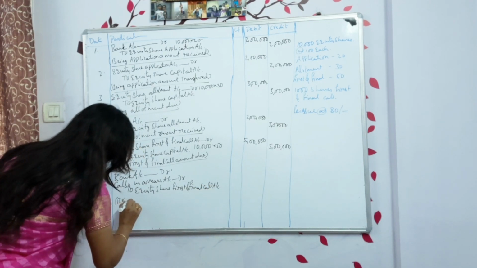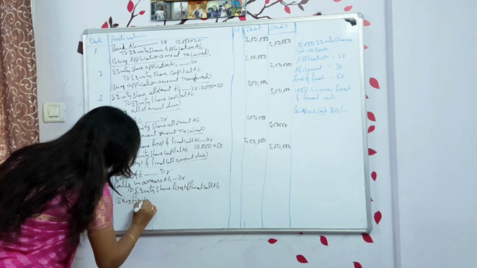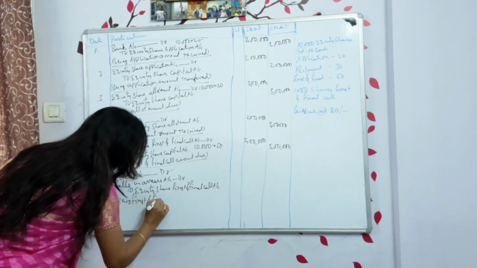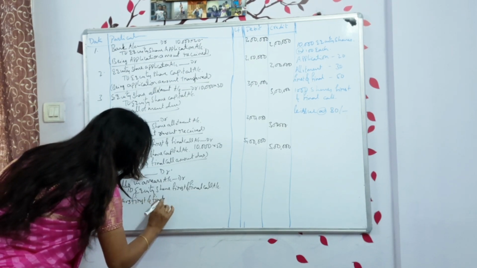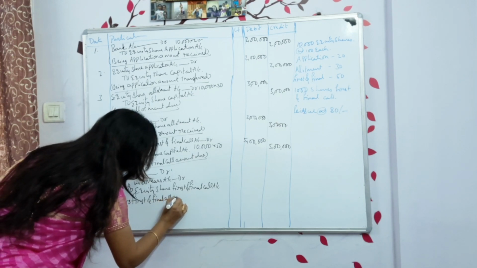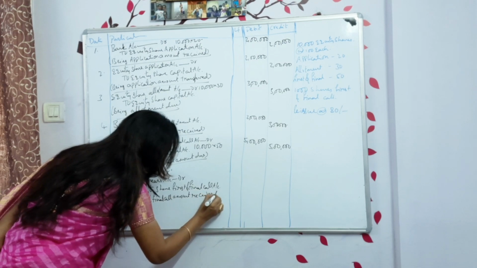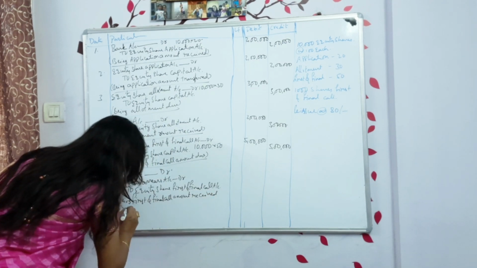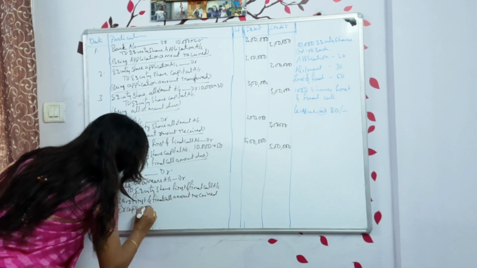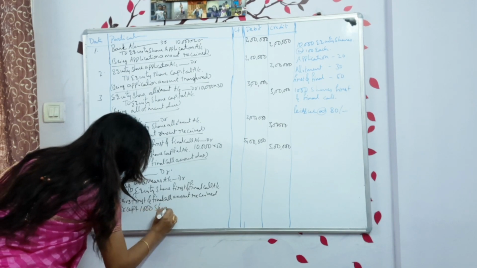Being first and final call amount received. How many shares we didn't receive? Except 1,000 shares.